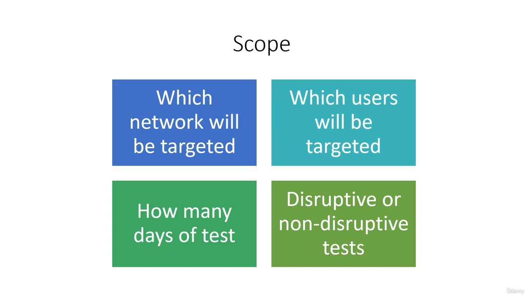To define the scope, we need to ask the client which areas of the company they want to be tested, which users can be targeted, how many days we can perform the test, or any kinds of attack that will be performed. Some clients may not be willing to have their wireless network disrupted, so make sure you explain the impact of each of these attacks.